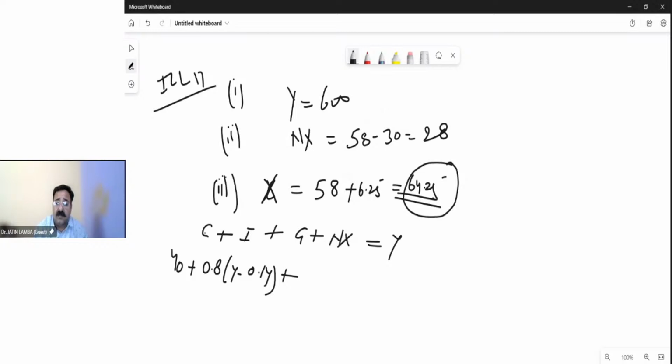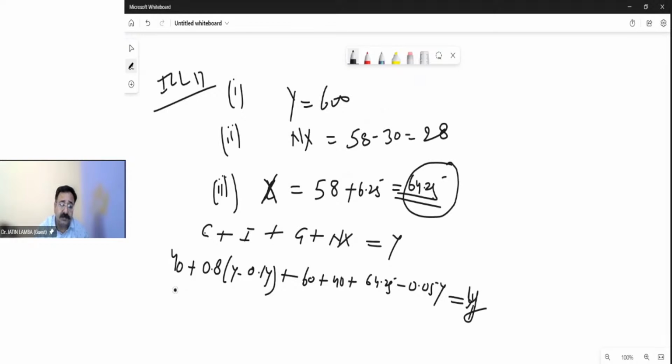Investment was given as 60, government spending 40, that remains the same, 60 plus 40 plus net export. So export is now 64.25 minus import, import is 0.05 of Y, is equal to Y.